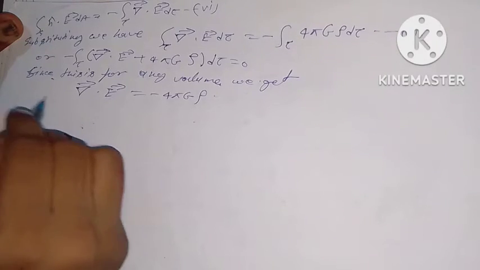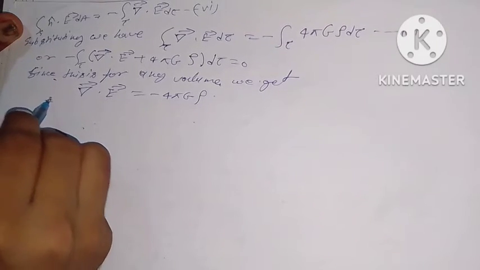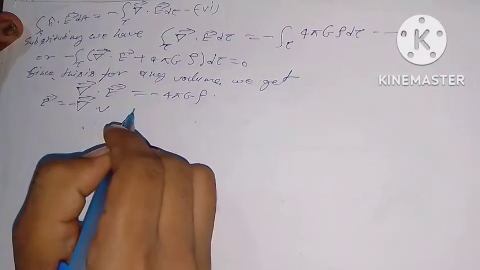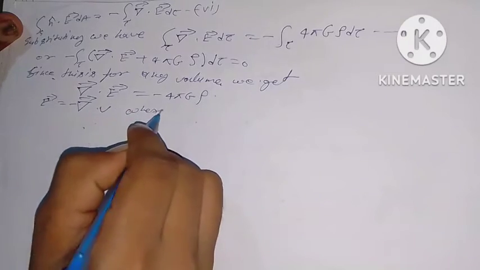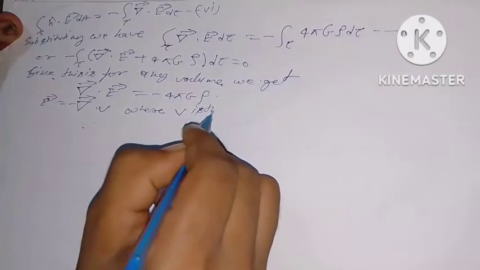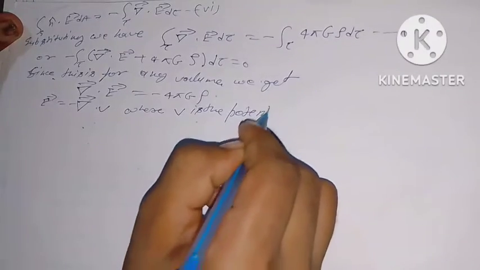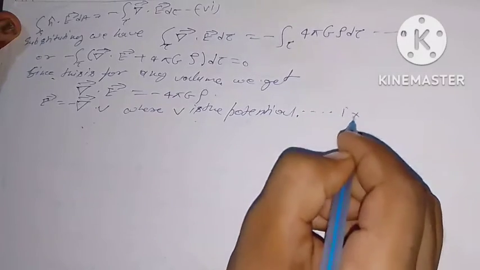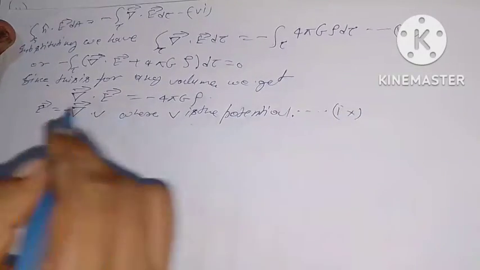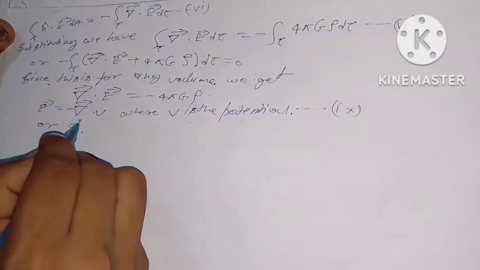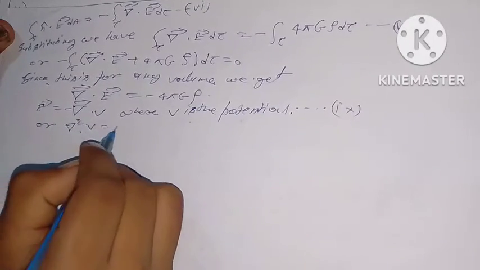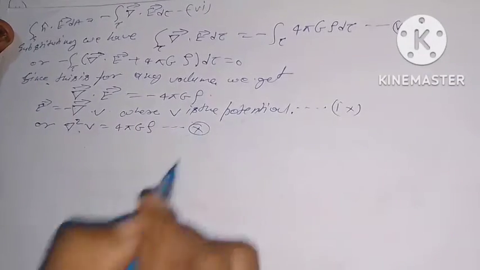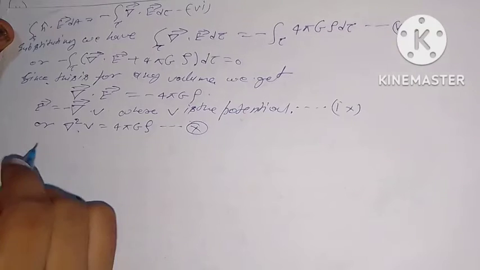By definition of potential, vector E is minus vector del V, where V is the potential. So del square V equal to 4 pi G rho. This is equation number 10.